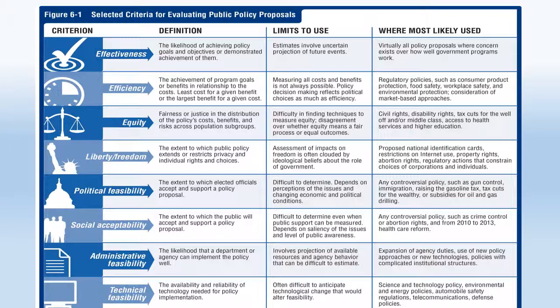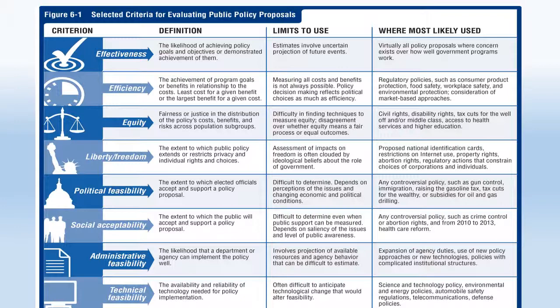So let's go back to this table from Kraft on the criteria for evaluating policy. So again, we have these 8 or 9 different criteria sets, I would say, and they guide us to how we want to evaluate a policy.